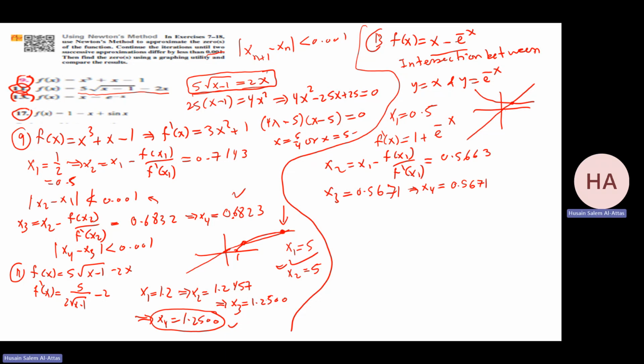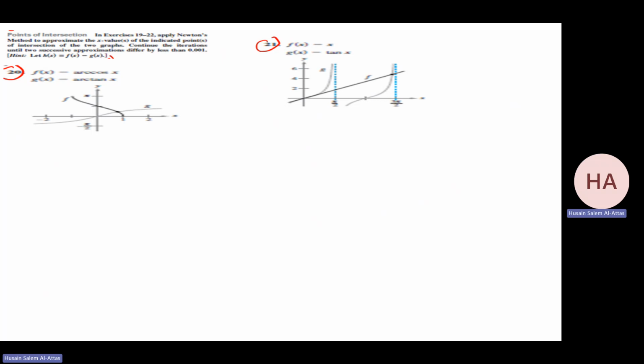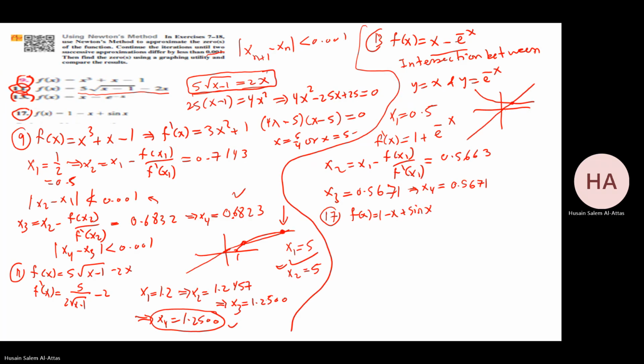Okay, next one, 17. I need to find the zero for this: 1 minus x plus sine x. What is a good starting point? I want to check the intersection between y equal 1 minus x and y equal minus sine x.